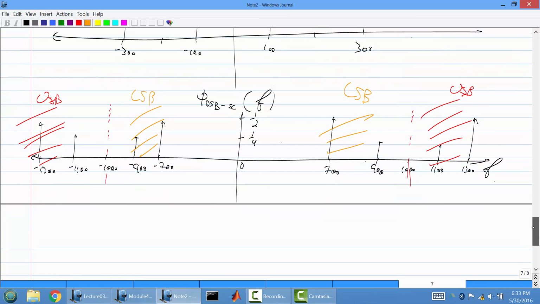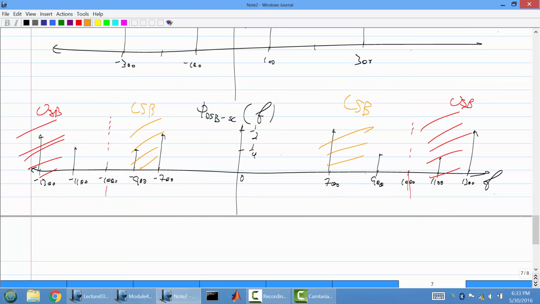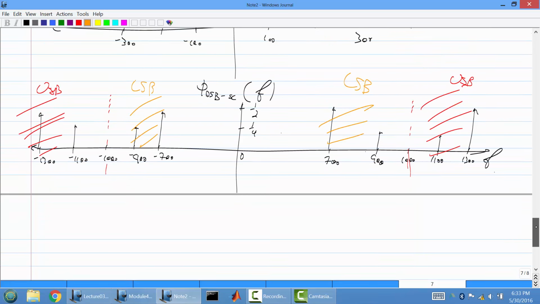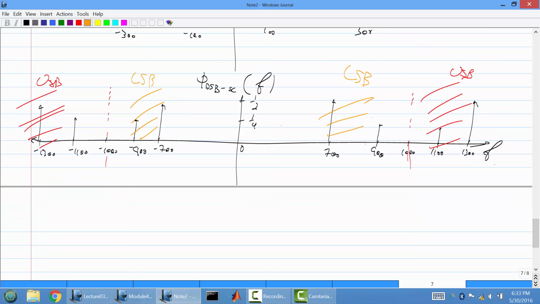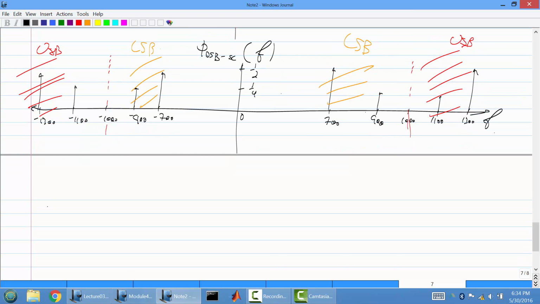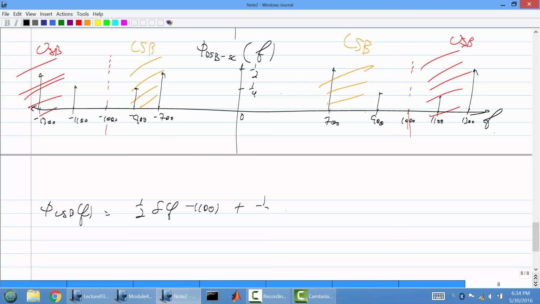If you just wanted the upper sideband, you just take a look at the upper sideband by itself and you don't consider the lower sideband. So the upper sideband would be just these two impulses. So we get a 1/4 delta at F minus 1,100.